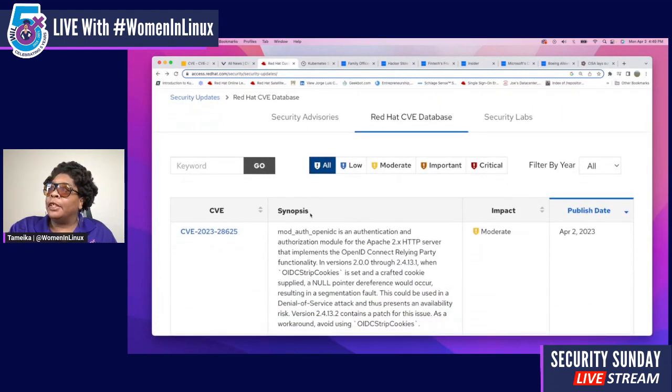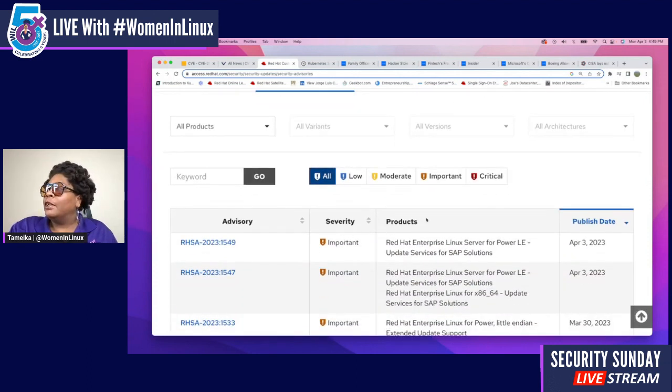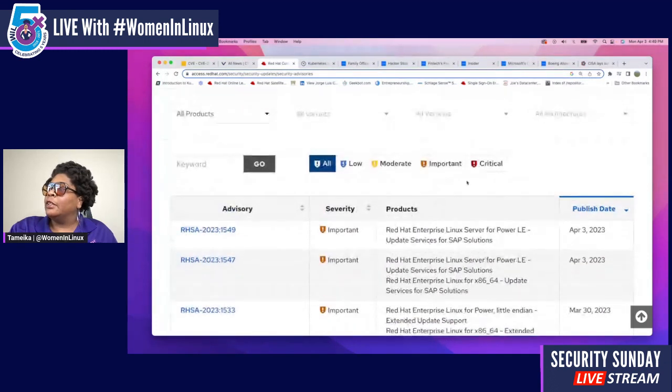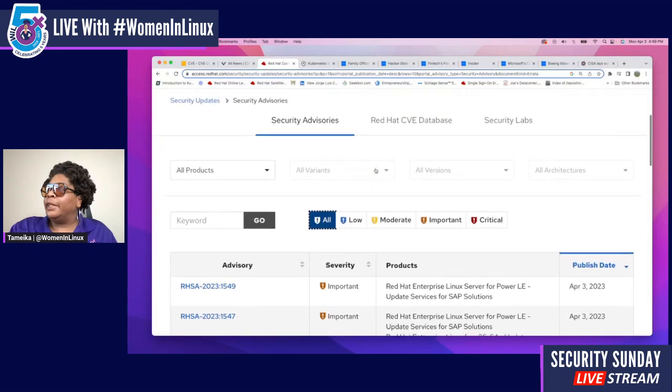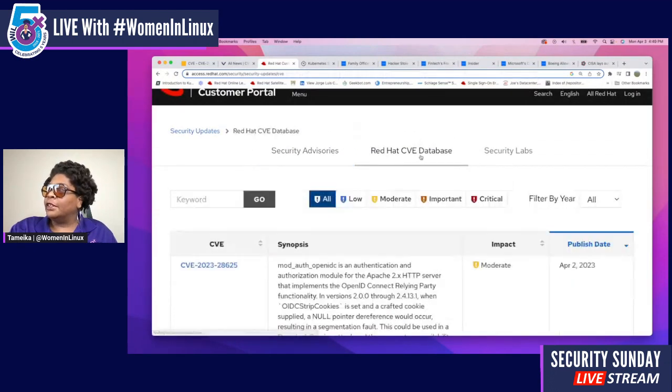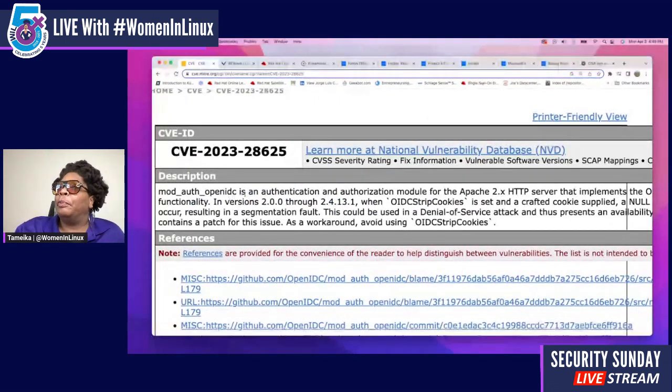I pulled up Red Hat's website on their security updates, and they have a Red Hat CVE database list with security advisories for all their products. You can sort by critical, important, and so forth. I left it on all, and then to get the CVE, I go to the CVE database, grab it, come back over here and put it in. It's mod_auth_openidc, an authentication and authorization module for Apache 2.x.